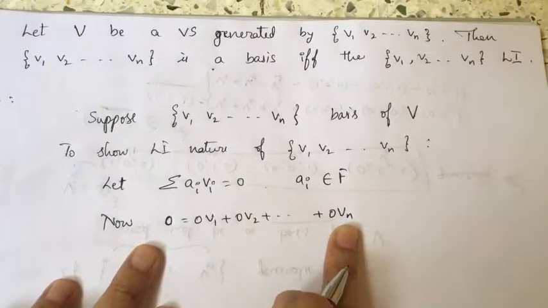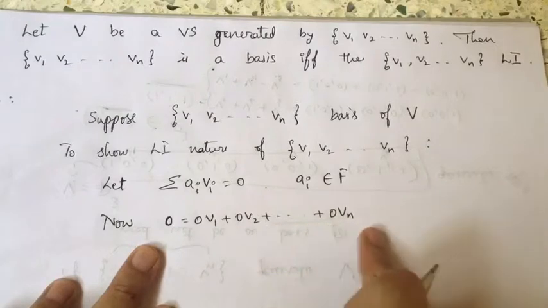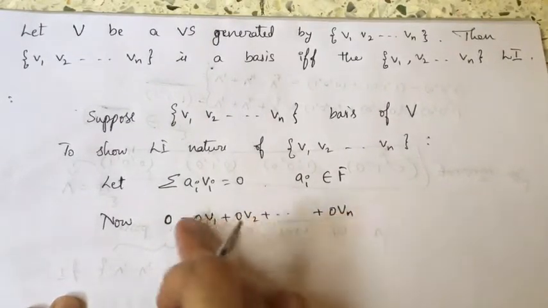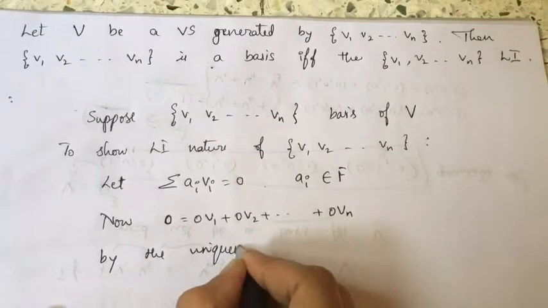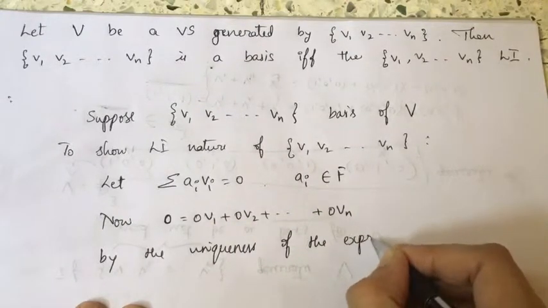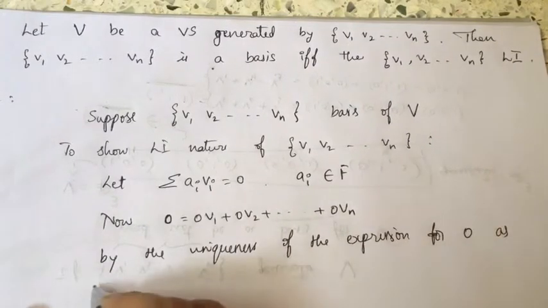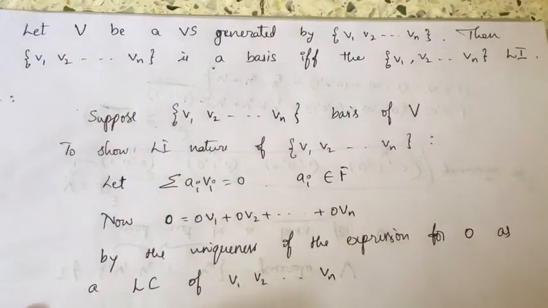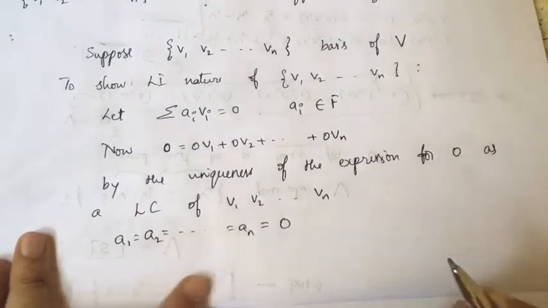So by the uniqueness of the expression for 0 as a linear combination of these vectors v1, v2, ..., vn, I can directly say a1 is equal to a2, like that they are equal to an, and which is equal to 0.